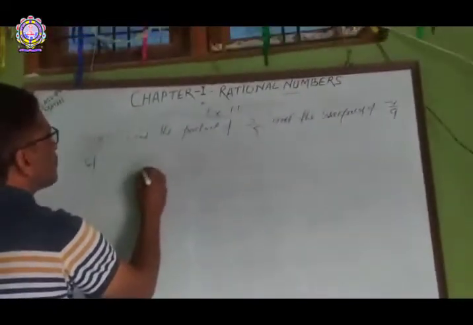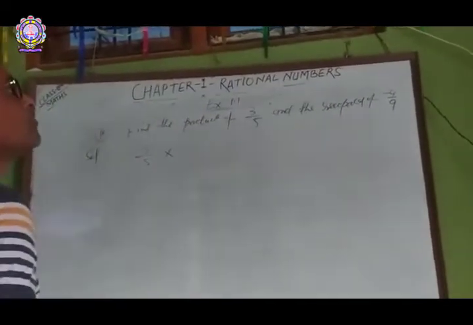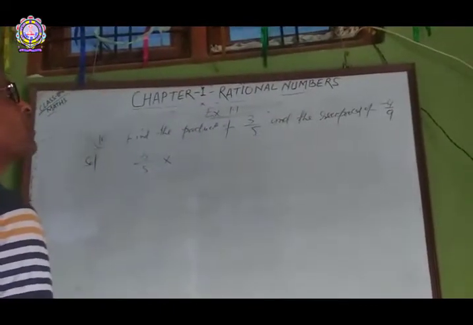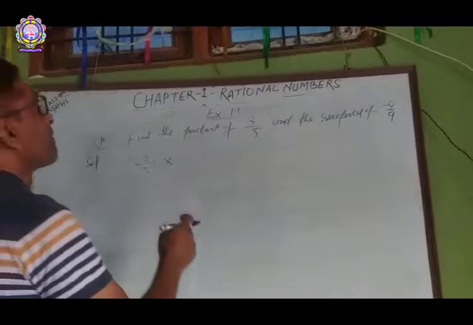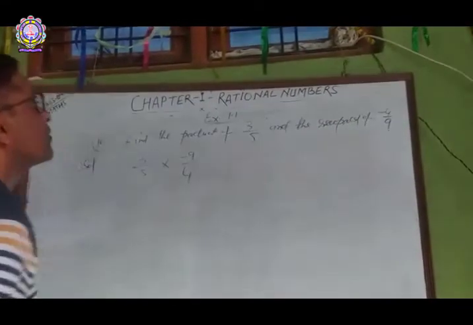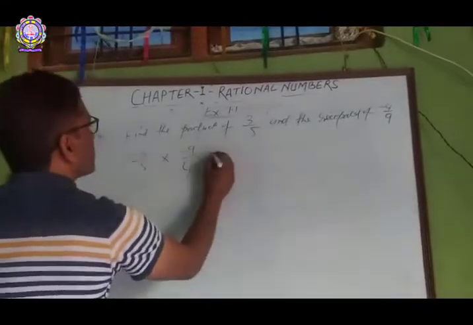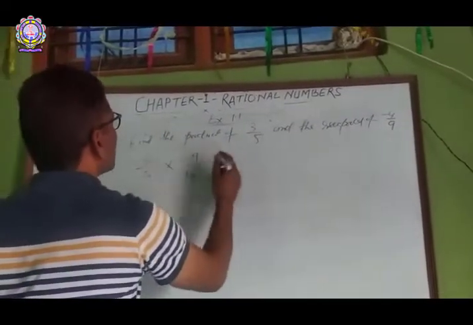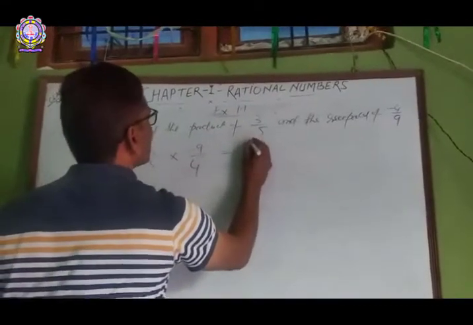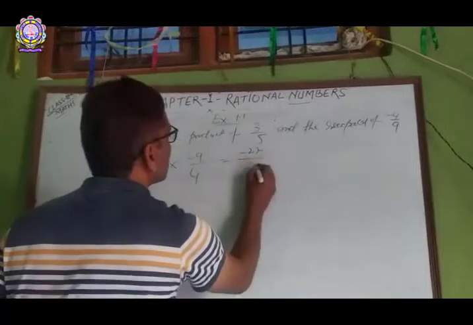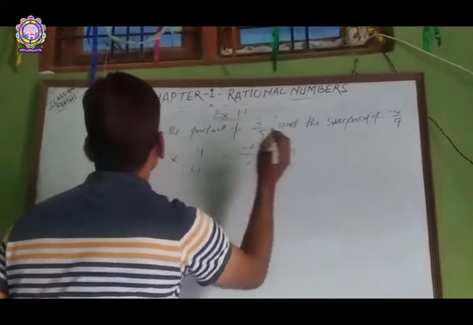3 upon 5 into the reciprocal of minus 4 upon 9, which is minus 9 upon 4. Solve it. 9 3 is 27. Minus of 27 upon 5 4 is 20 is the answer.